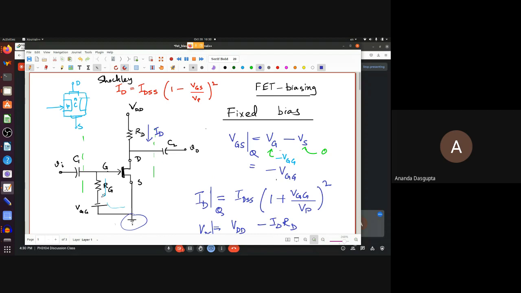So if the RG had been 0, what would the AC signal be at the gate? Gate is just this point. How much would the signal be there? It would be 0 signal. It would be 0, right?